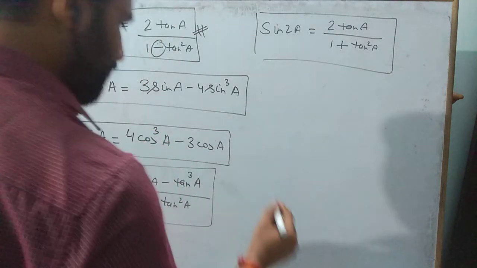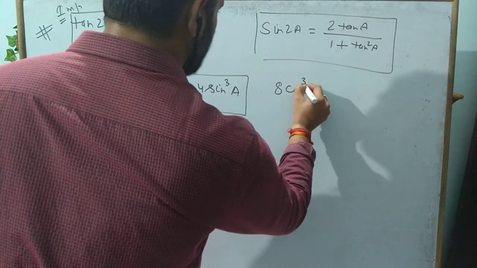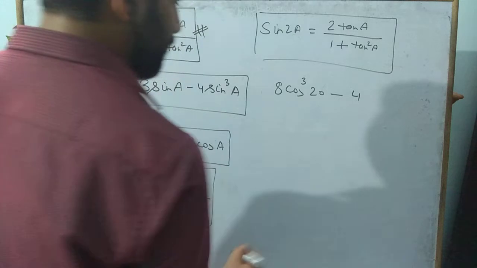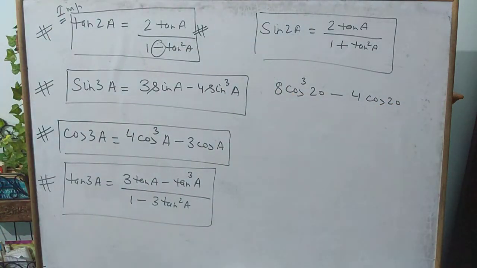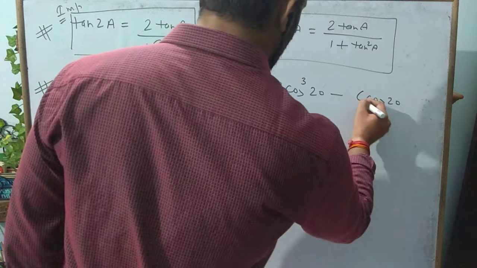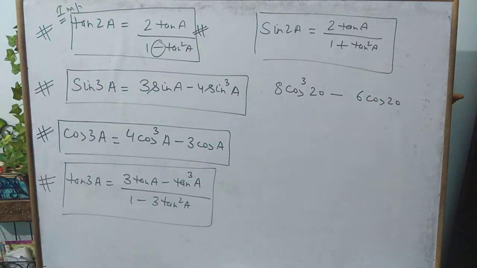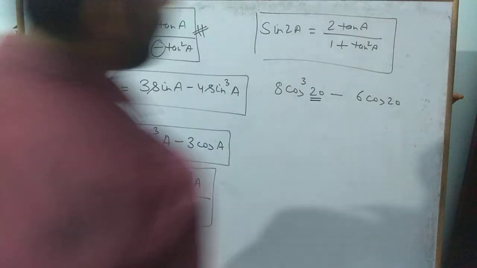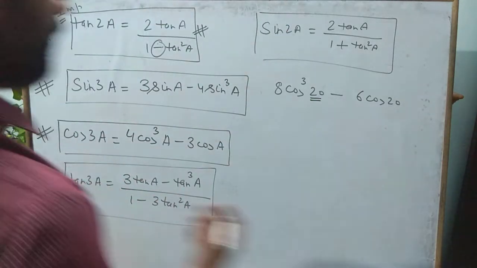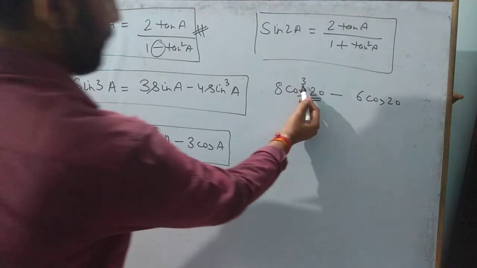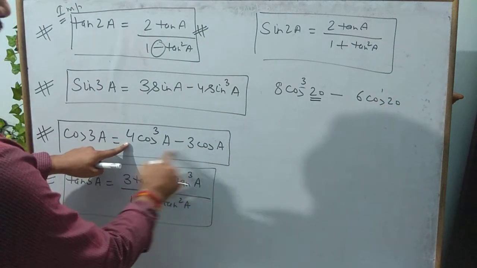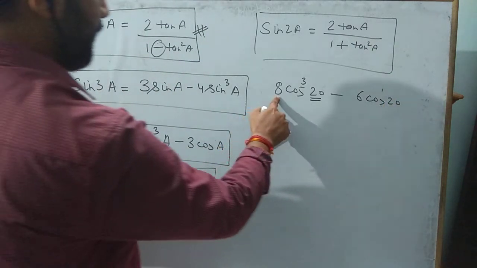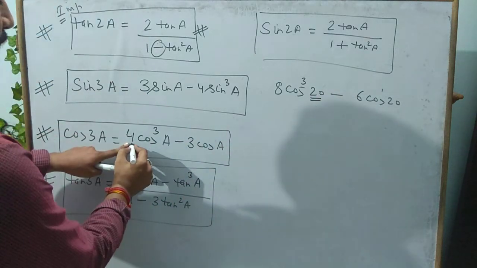Now let's see some more results. The question is given as 8 cos cube 20 minus 6 cos 20, and the question says evaluate, find the value. Since 20 is not a standard angle, we don't know the value of cos 20 degrees, and you see it is coming in cube and power 1. So 4 cos cube A minus 3 cos A: if you see this formula, here it is 8 and 6, we need 4 and 3.